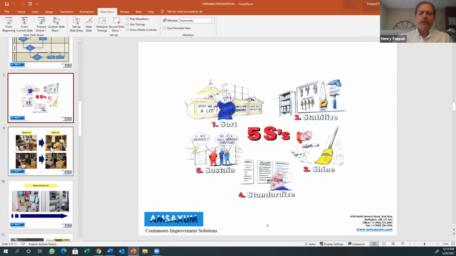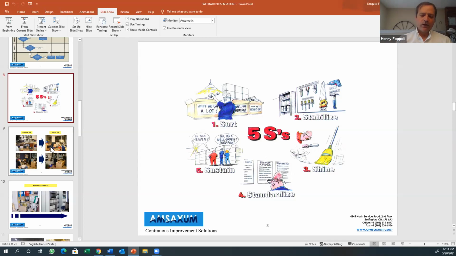This tool helps you organize your workplace, do your work more efficiently, and find the tools and information you need to do your job much faster. One of the standard rules is that you have to find those tools, those pieces of information, within a minute. If it takes you longer, probably the system needs to be revised.